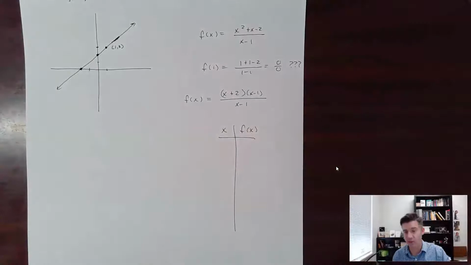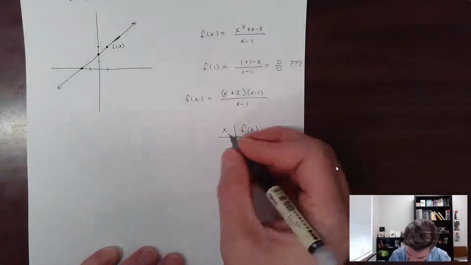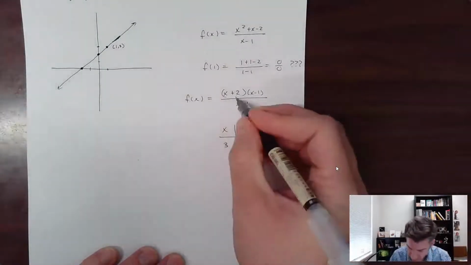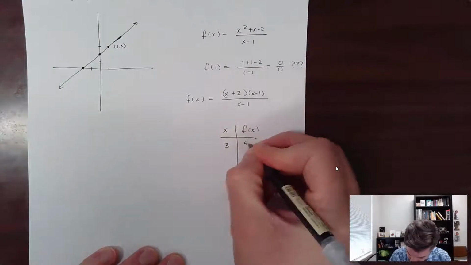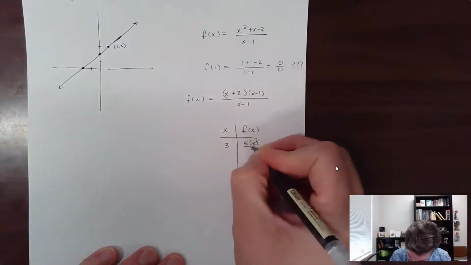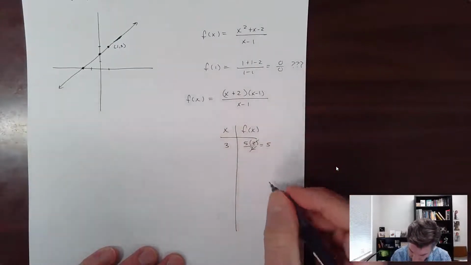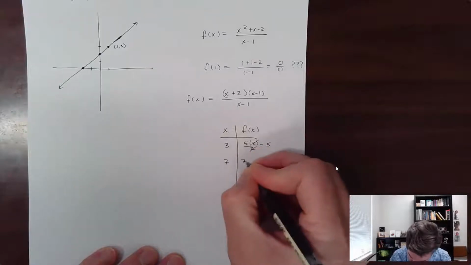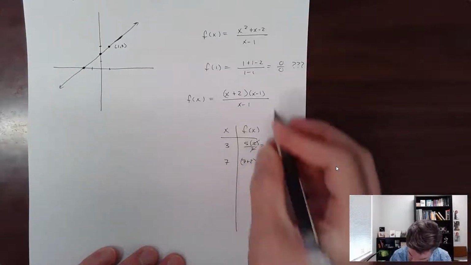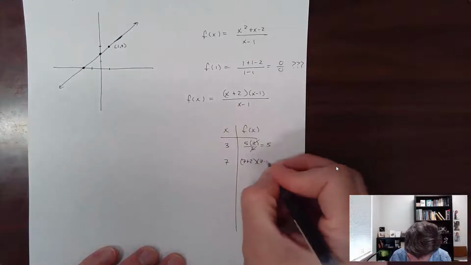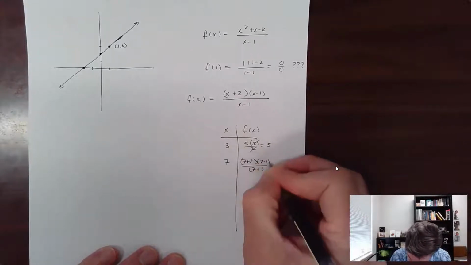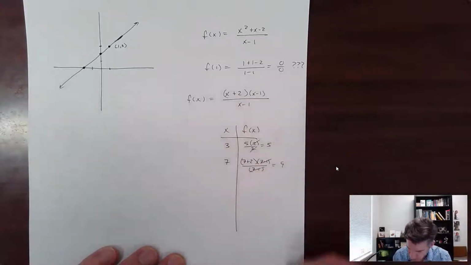For any x value other than 1, if we plug in x, we can see what the y value is. So if I plug in x equal to 3, I'm going to get 5 times 2 over 2. Oh, the 2's cancel. I get 5. Or if I plug in 7, 7 plus 2 times 7 minus 1 over 7 minus 1. Oh, the 7 minus 1's cancel, and I get 9.